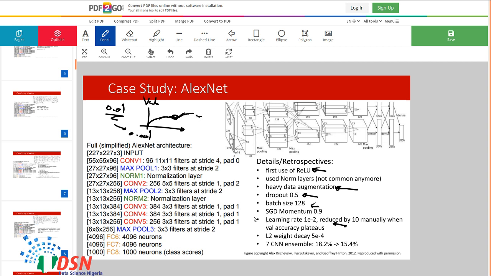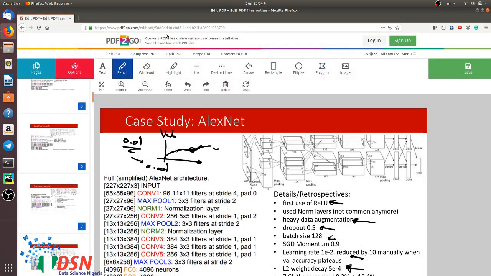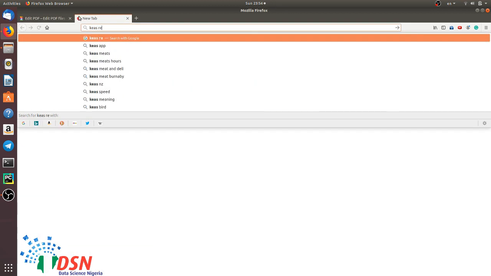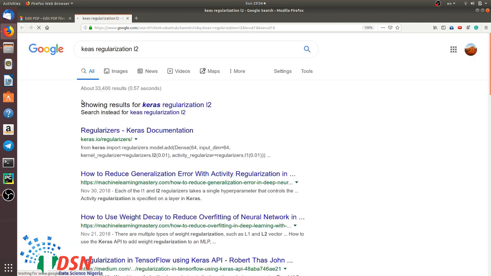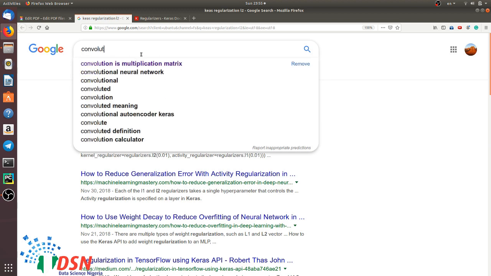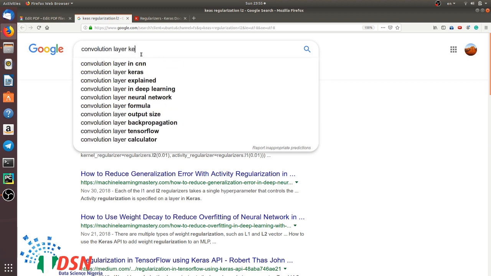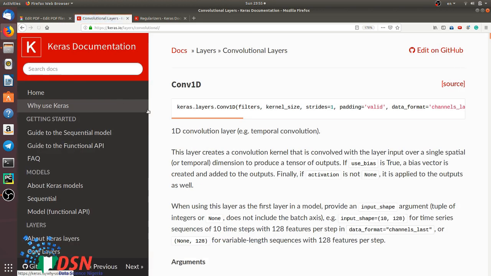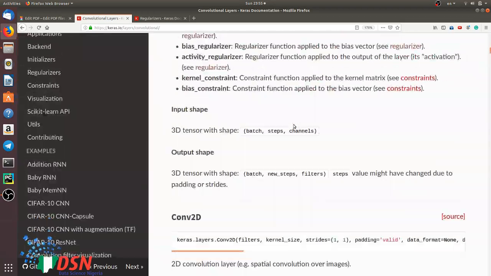Okay, and they used regularization in the neural network. For using regularization in Keras, maybe it is not bad to show you guys how to use a regularization layer with Keras. In Keras you could use regularization both for convolutional layers and dense layers.